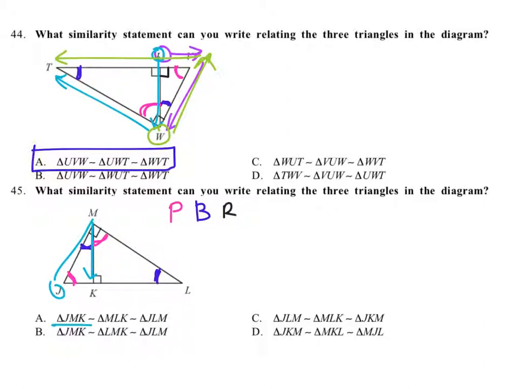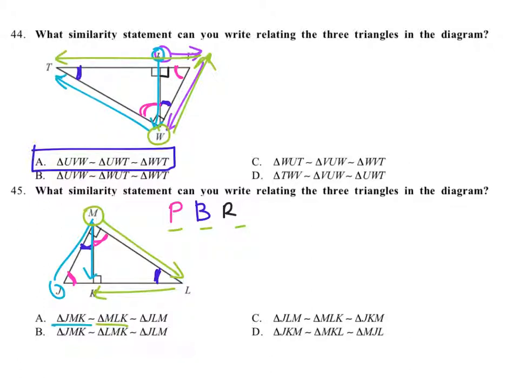Let's do that for the next one and see what happens. They're going M to L to K. Pink to blue to right angle, just like the last one said, pink to blue to right angle. That's great. And what about this last one here?